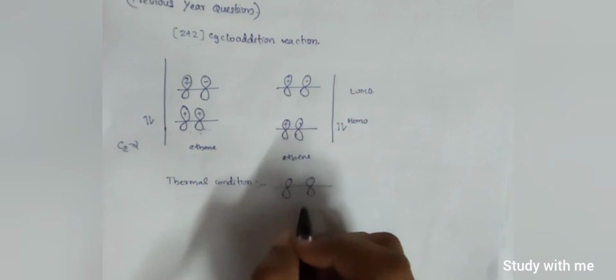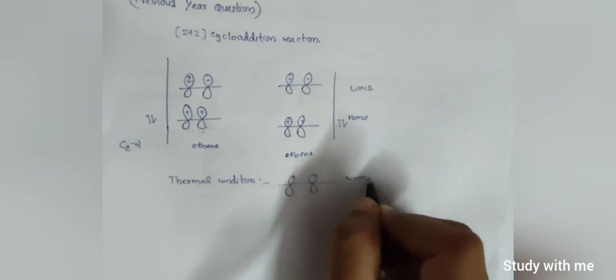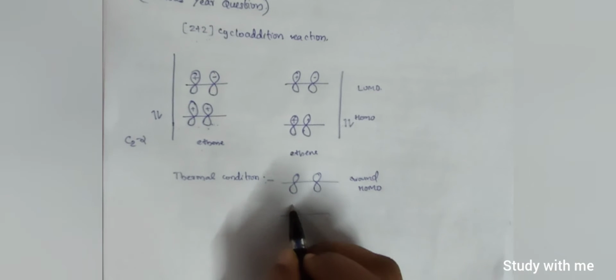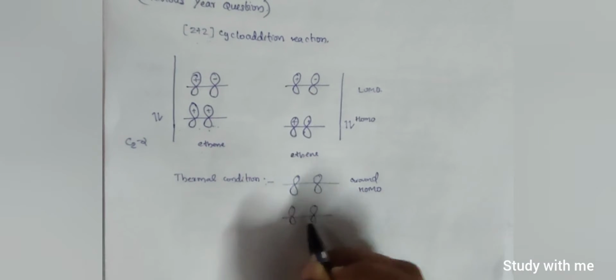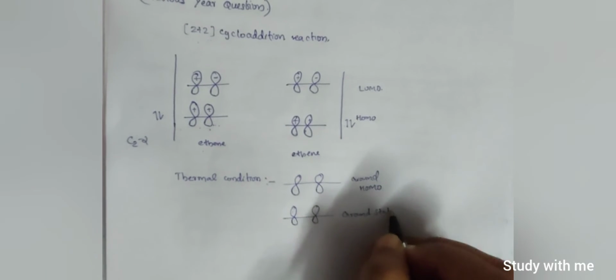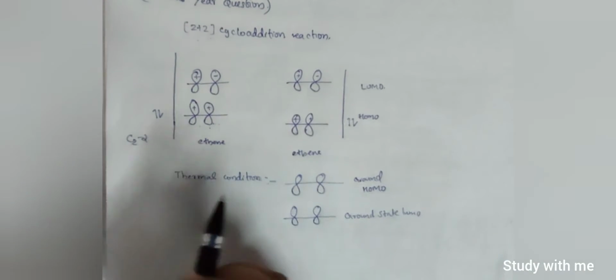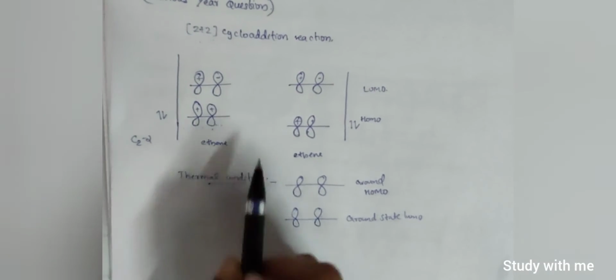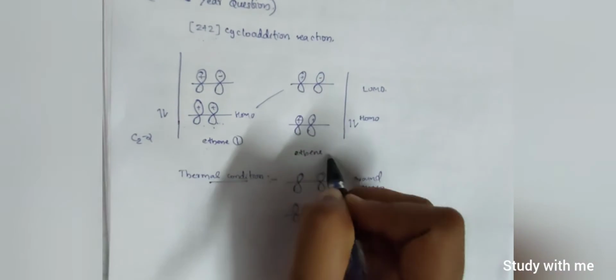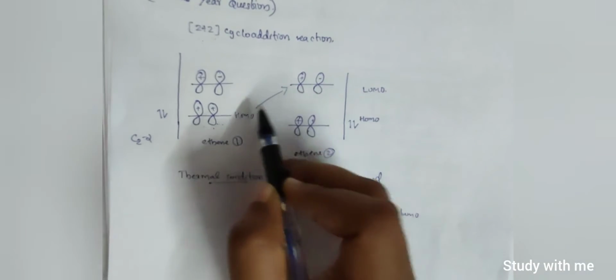We know that in thermal condition we will consider only the HOMO ground state, and we will have the ground state LUMO for the addition. I will explain that. In the thermal condition we will add the HOMO of the first ethene and the ground state LUMO of the second ethene.